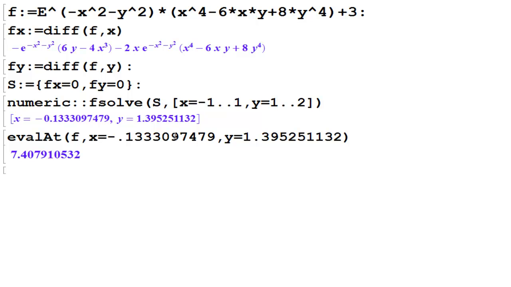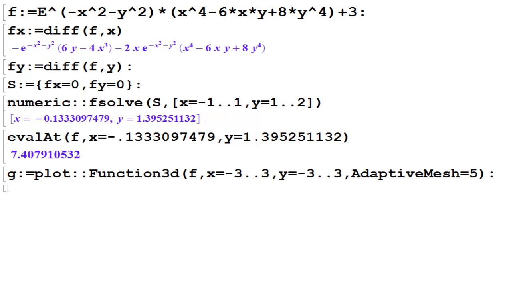Now we will go ahead and look at it graphically. That is what's going on here. So here I have defined a plot of f in this window as g, and you can obtain this whole thing by using the command bar. That's what I usually do.